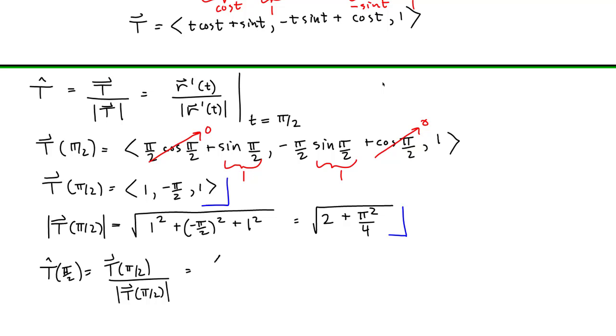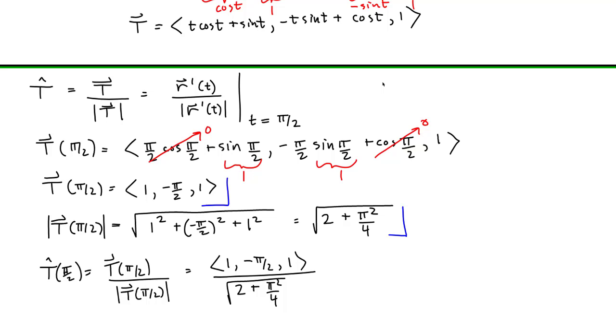This is the vector 1, minus pi over 2, 1, divided by the square root of 2 plus pi squared over 4.